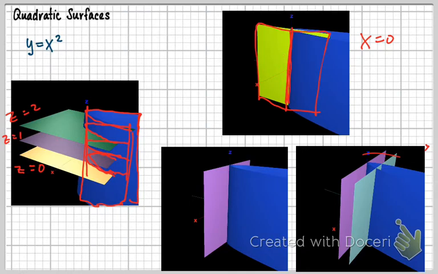Now let's look at these down here. This one is the xz plane, and that means I'm not going left or right, so y equals 0 here. And all I see here is a line, just like with x equals 0.